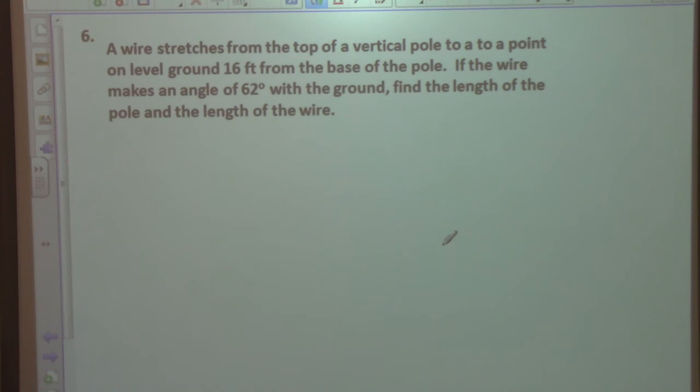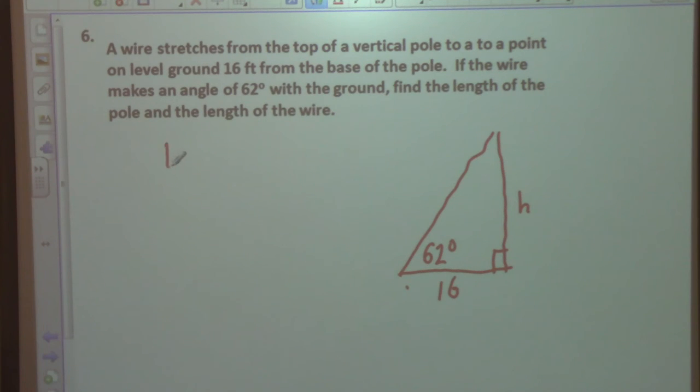What are you turning? 62. I got this right here. I'm looking at Kaylee's drawing here. What happens is she has 16 here.